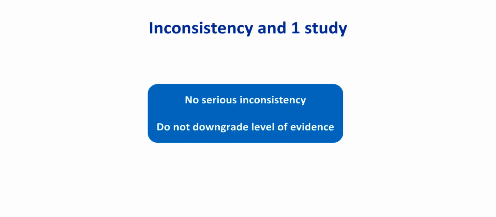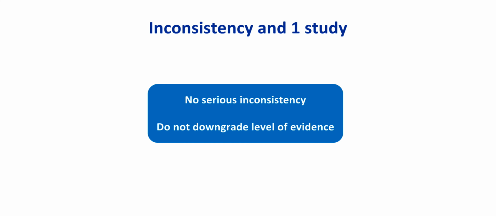Finally, a frequently asked question is whether one would downgrade for inconsistency when there is only one study. The obvious answer is that there is no inconsistency as there is only one study, and therefore one would not downgrade the quality of evidence on the basis of only one available study.